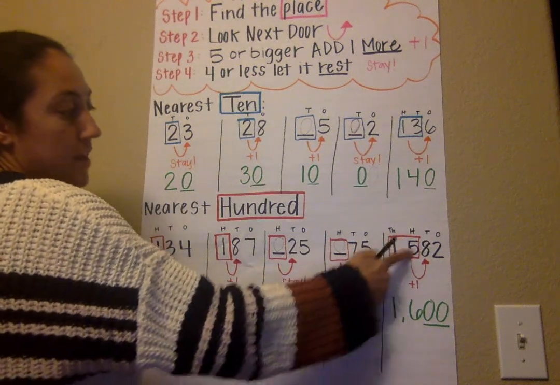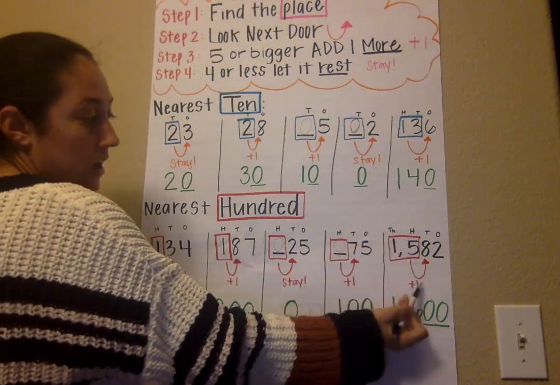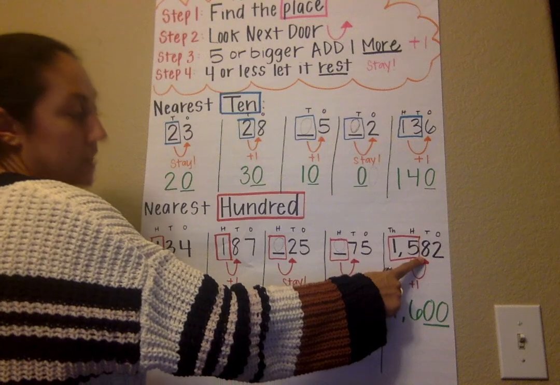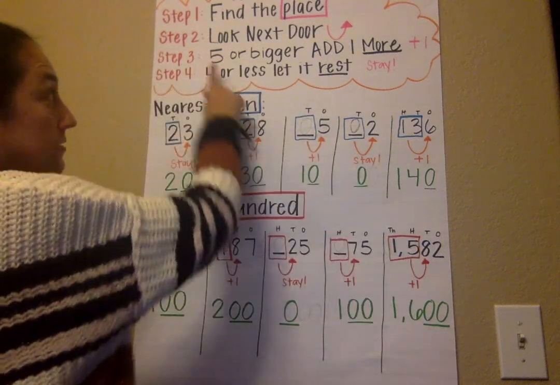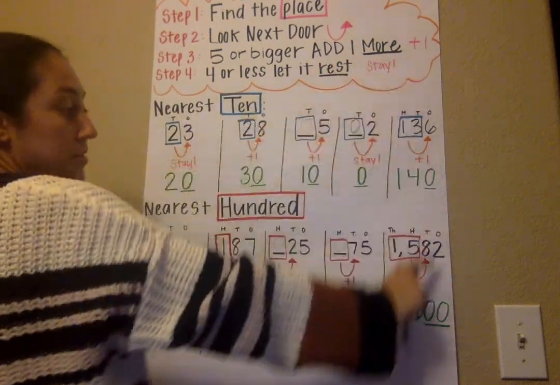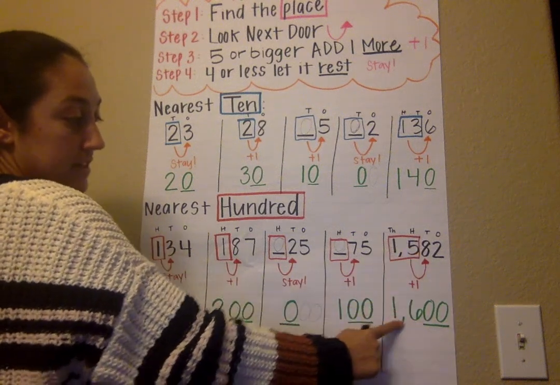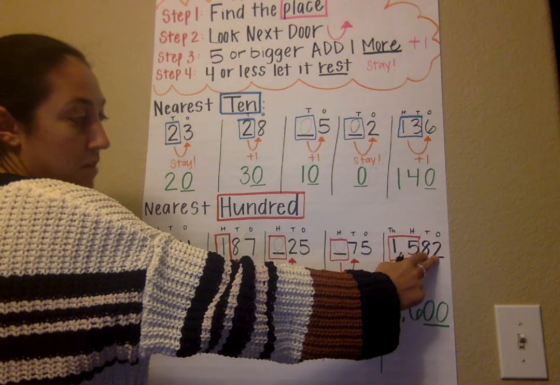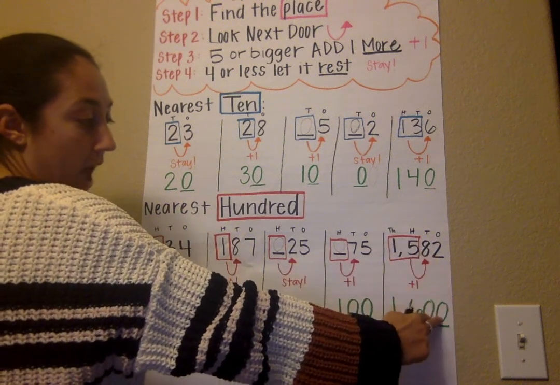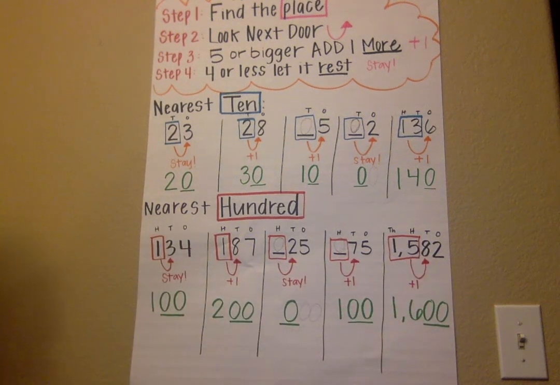So now this number becomes 15 here. Draw my arrow to my neighbor right next door. 8 is 5 or bigger, so I add one more, so I put plus 1. So 15 plus 1 is 16. I have 2 numbers that are not boxed, so I'm going to add 2 zeros to represent that placeholder.